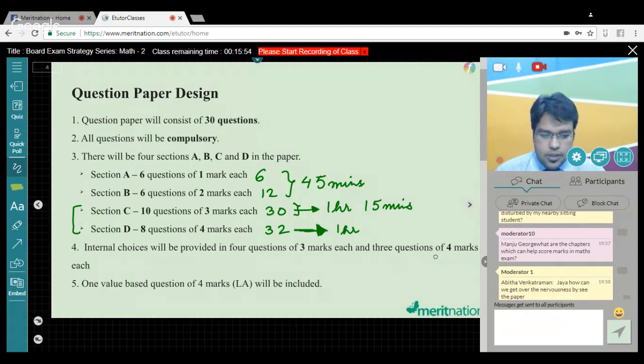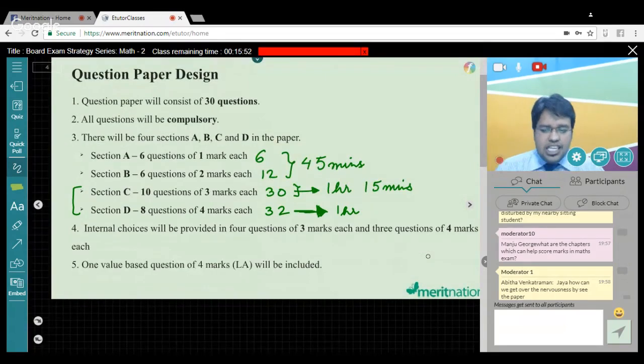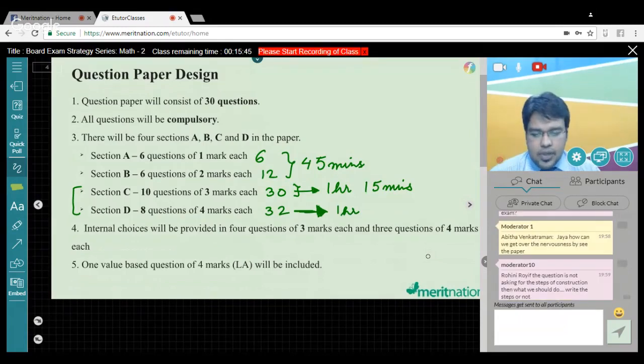The previous question. The last pointer that is there, the 5th point: one value-based question is asked on 4 marks or a long answer type. Value-based is basically that usually a question based on some social cause or environmental cause or a political cause is asked, right? Wherein what kind of value is being imbibed by the people in the question.